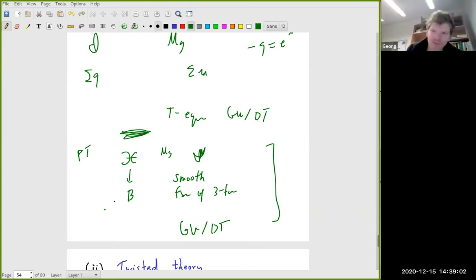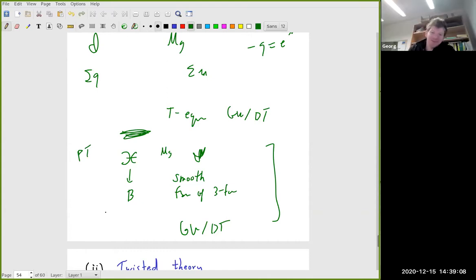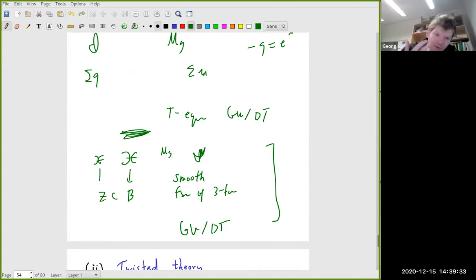I mean, the virtual class will cut any cycle in the base because I think it's okay. How do you do that? I mean, because there's a relative virtual class, and you can pull back. So if I have some cycle Z here, then I can restrict this family over that. And then, if you look at Baron-Fantechi, that gives me some relative virtual class here. And if this is pure dimensional, then it gives me some virtual class on this whole thing, which I can push forward to Z. But you want some cohomology class, right?